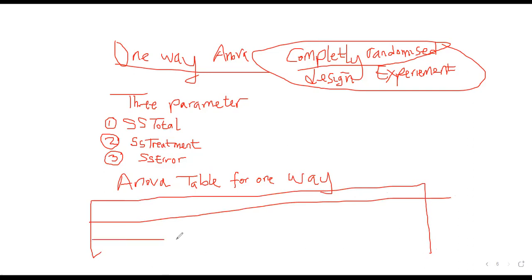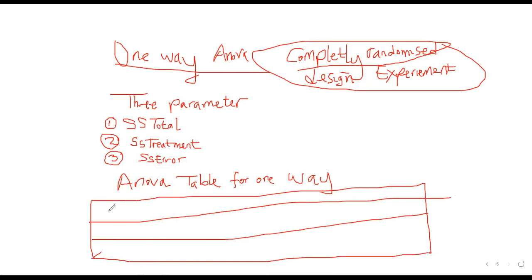The first one is source of variation. Then you have sum of square, SS.